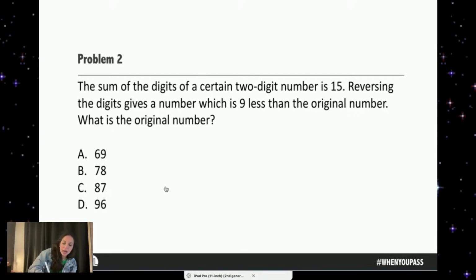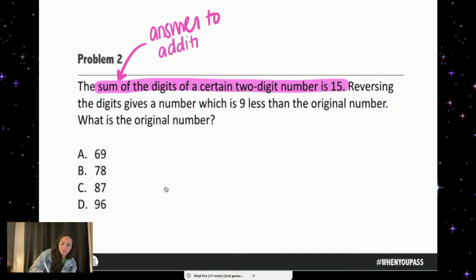So the sum of the digits of a certain 2-digit number is 15. Sum, answer to an addition problem. Digits, like each individual number in a multi-digit number.